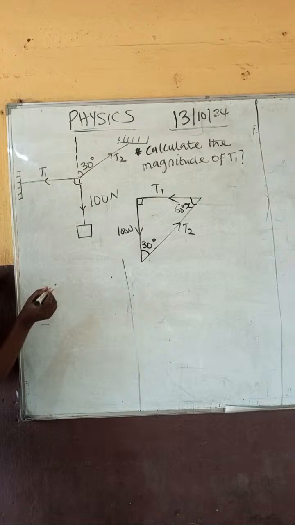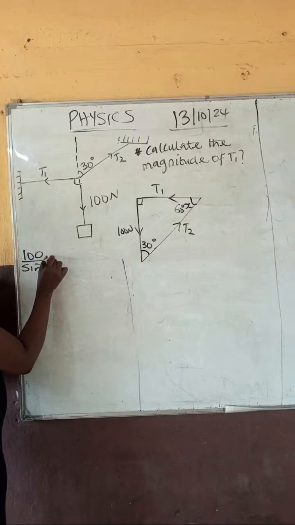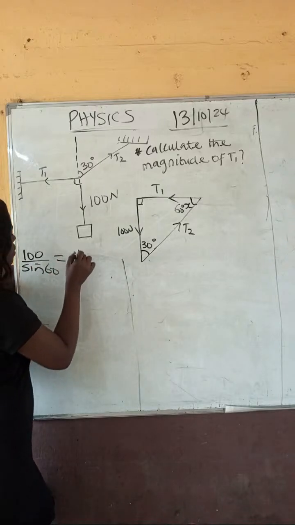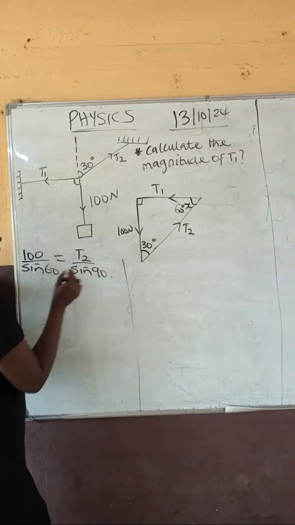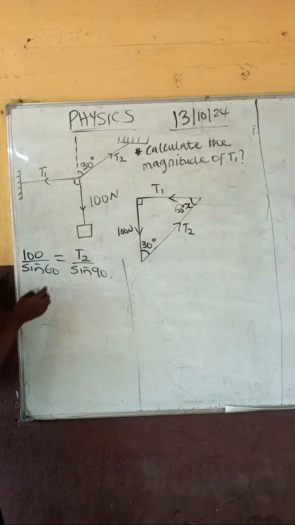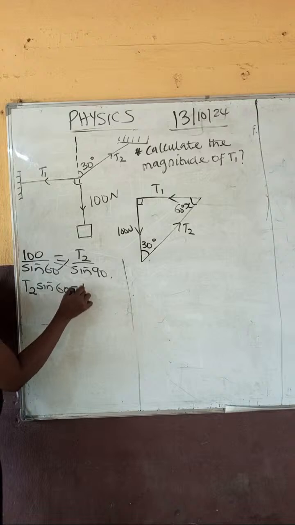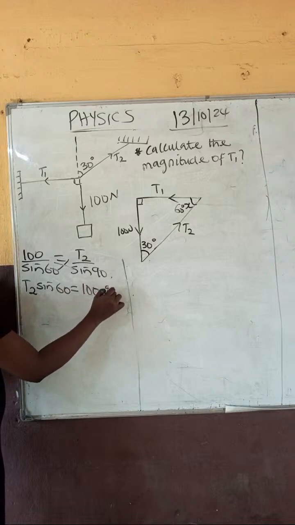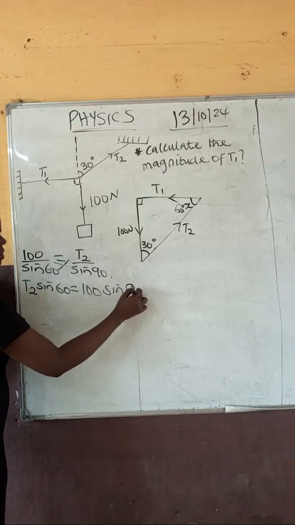So we have 100 over sine 60 is equal to T2 over sine 90. Now that is what I have. I will now cross multiply to get T2 sine 60 is equal to 100 sine 90.